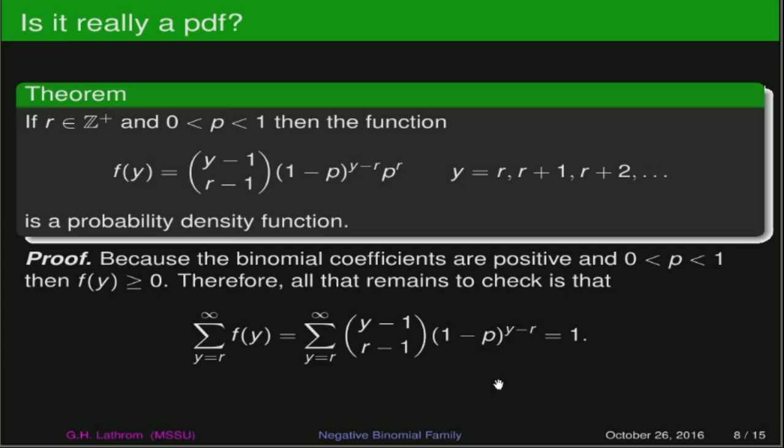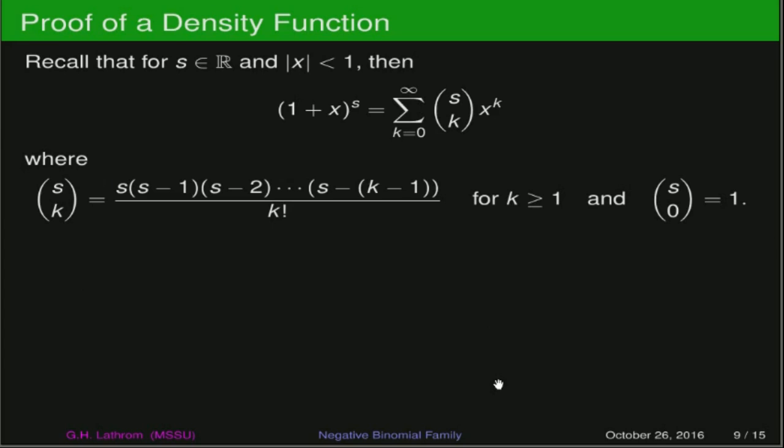Let's take a flashback to our Calc 2 days. Recall that for a real number s, if we have the absolute value of x less than 1, then we can do a binomial expansion. The binomial expansion of (1 + x)^s is the sum from k = 0 to infinity of (s choose k) x^k.